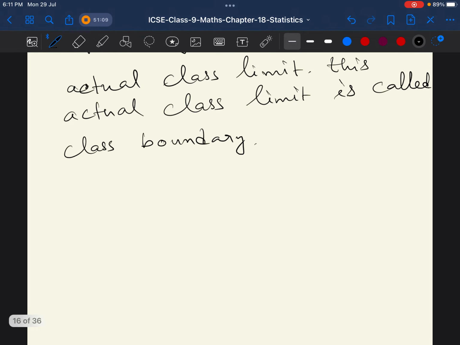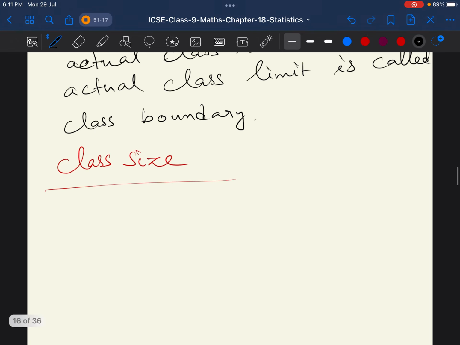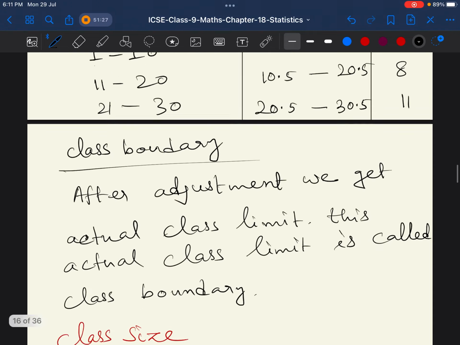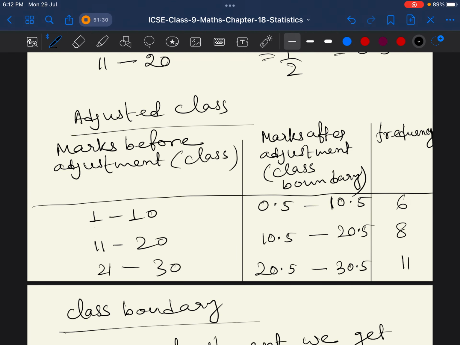Then class size. So what is class size? Class size means the difference between the actual upper limit and actual lower limit of a class interval. Here after adjustment, the actual upper limit is 10.5 and the actual lower limit is 0.5.